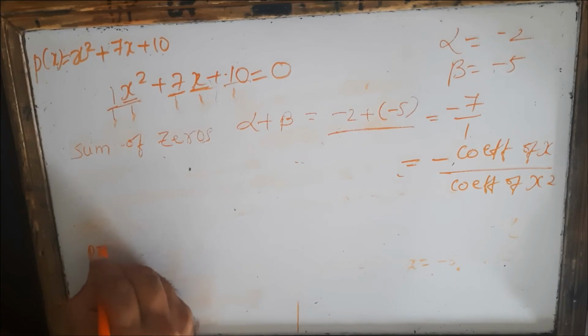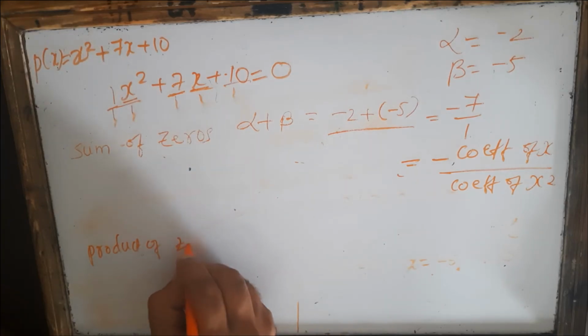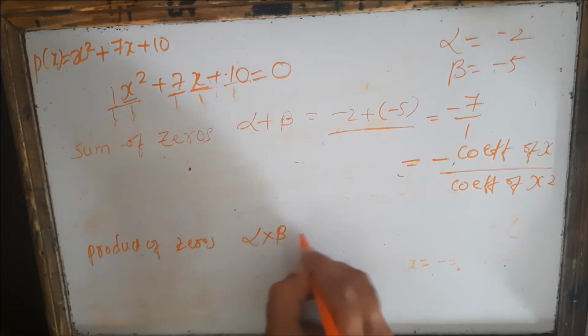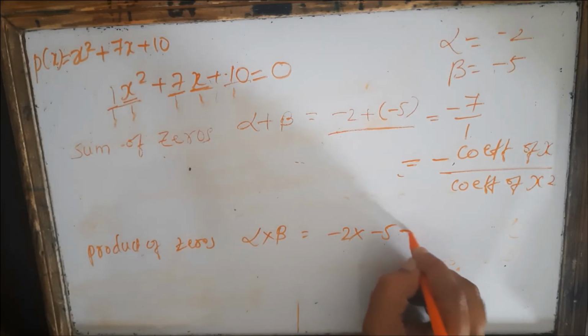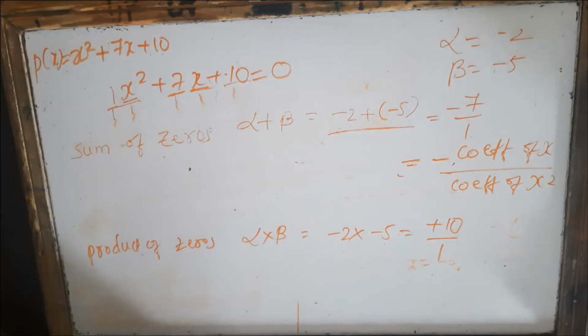So now the product of zeros, alpha into beta, is equal to minus 2 into minus 5, which is equal to plus 10, divided by 1.